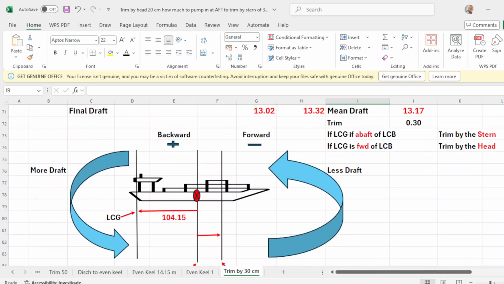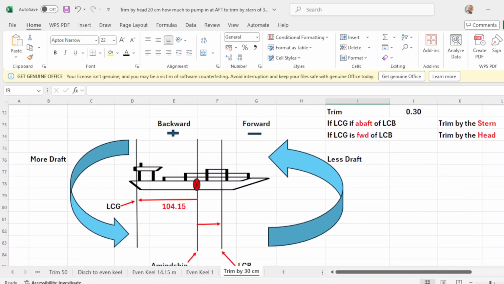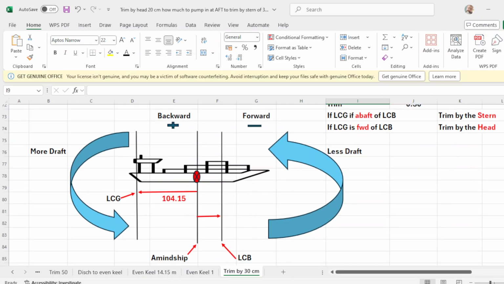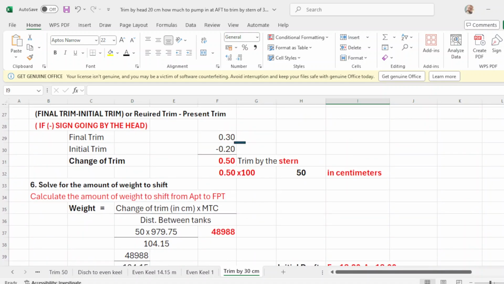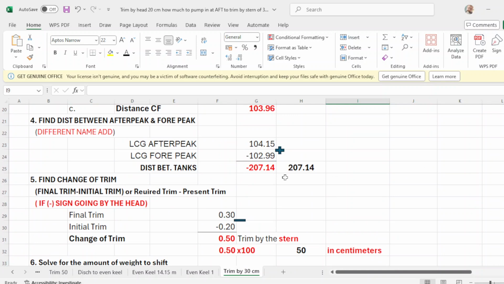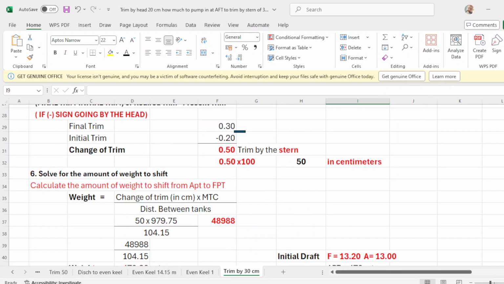This is your amidship. The after peak is measured from amidship going backwards, 104.15 will be your LCG of the after peak. Okay, that is what it meant.